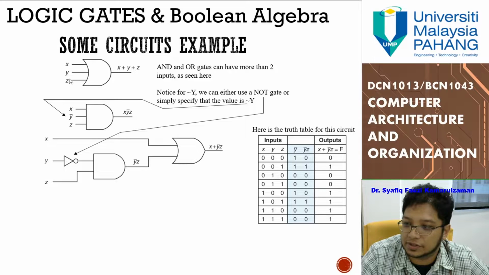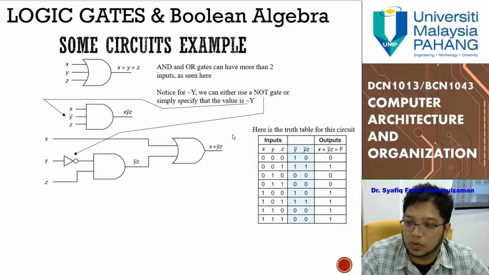So you start with 3 inputs. You have this OR gate, x plus y plus z. Now you want x, y bar, z, so you just put a NOT gate after the y.